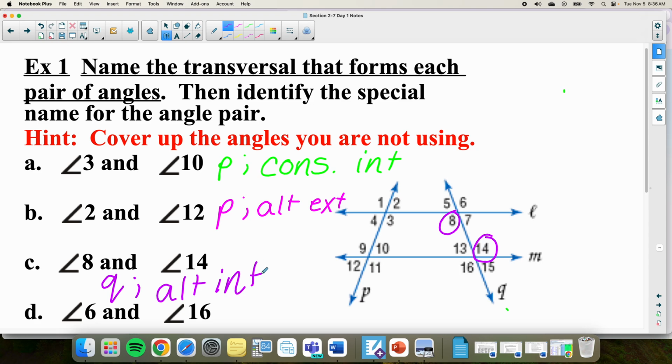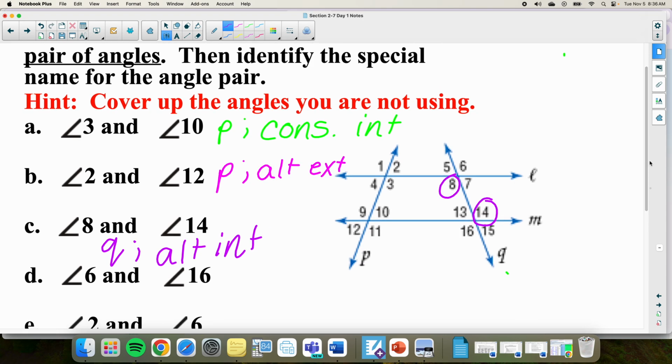Now if we go to the next one, it says 6 and 16. So 6 is here, 16 is here. They both lie along Q. And what kind would those be? Yes, they're alternate because they're on opposite sides of the transversal, and they are exterior. So they're still along Q, and they're alternate, and then you can just do EXT for exterior.